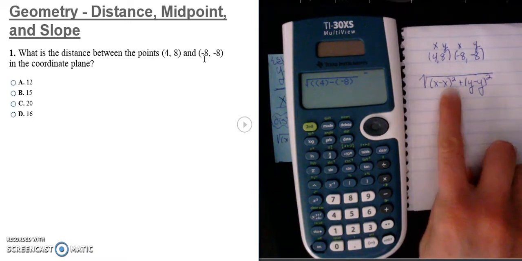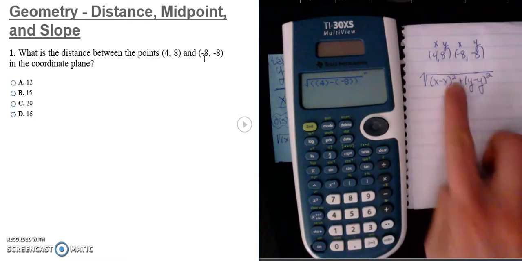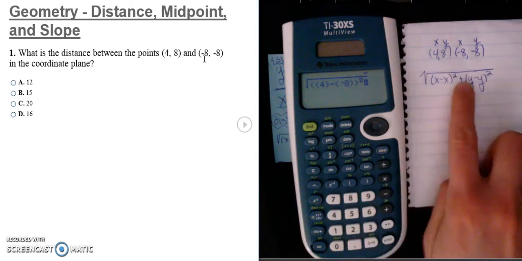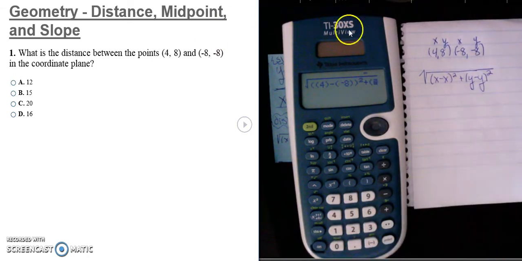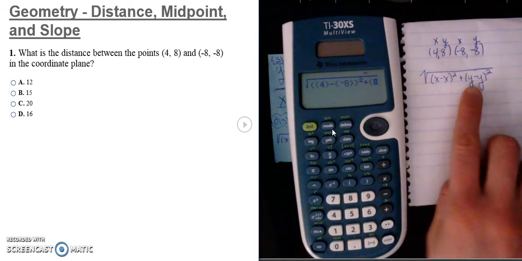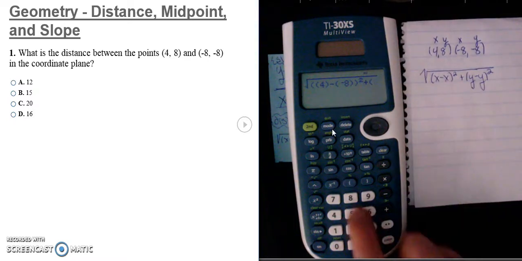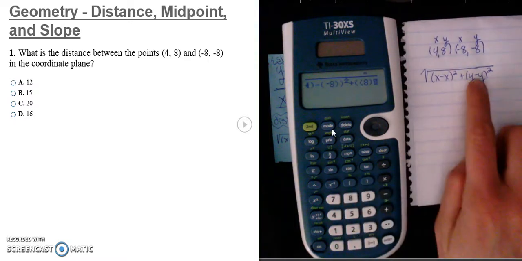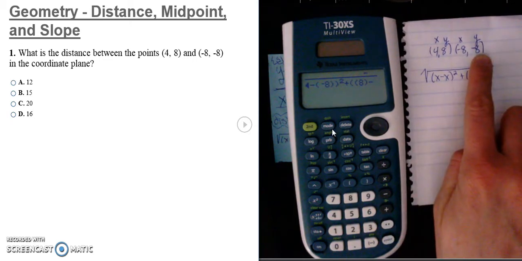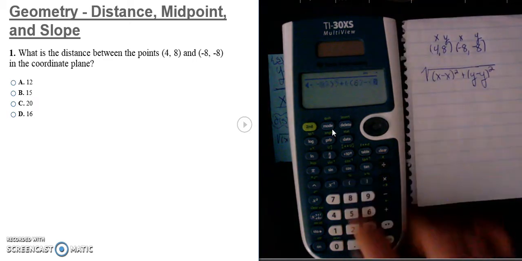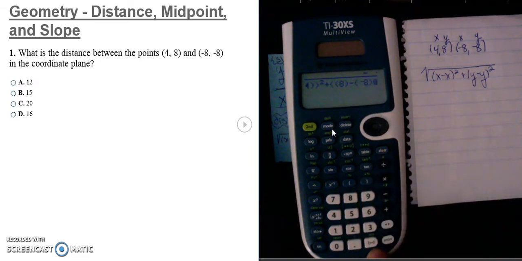After my x, I have an end parenthesis, and then a squared, and then a plus, and then a start parenthesis. Notice it's all still underneath that square root because I haven't arrowed out of it. Then I have my first y value, which is 8, in parentheses, minus my second y value, which is negative 8, in parentheses, making sure to use the negative button.